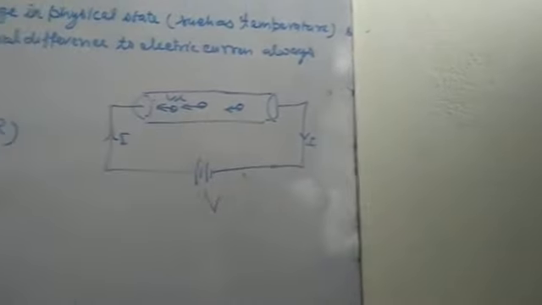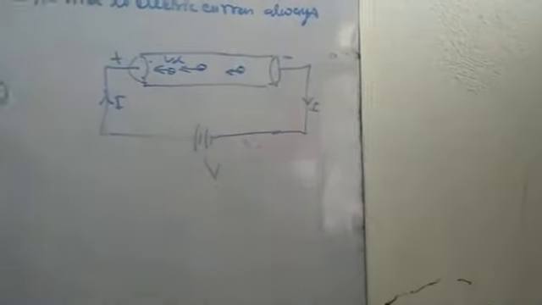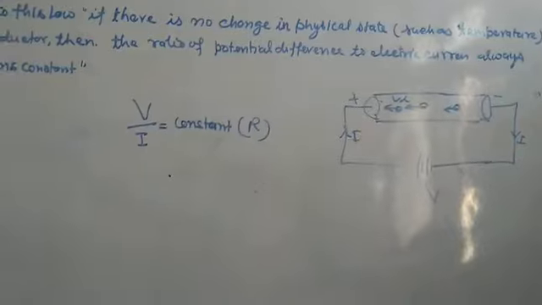Electron drifts with velocity Vd. This is negative.